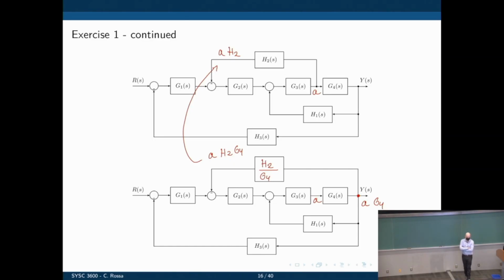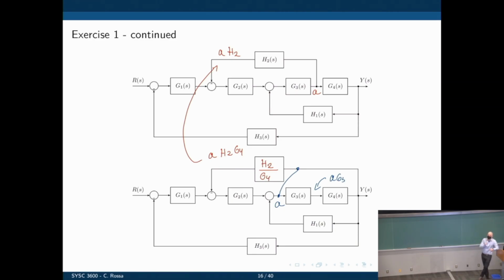Right. So if we move the signal ahead, the signal would go here. Now if the signal here is called A, the signal here is A times G3. And A times G3 is what is going to H2.